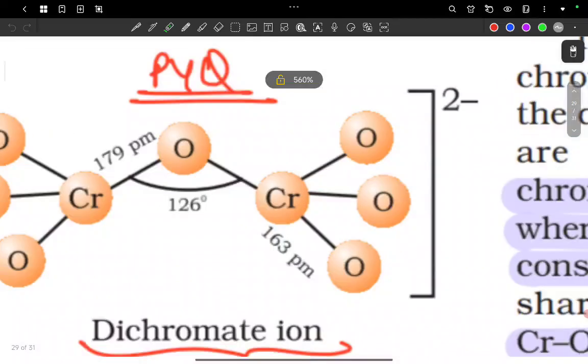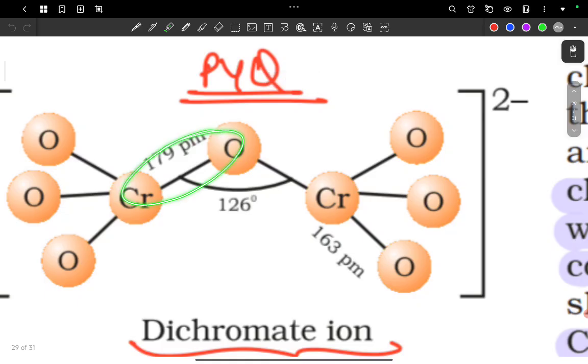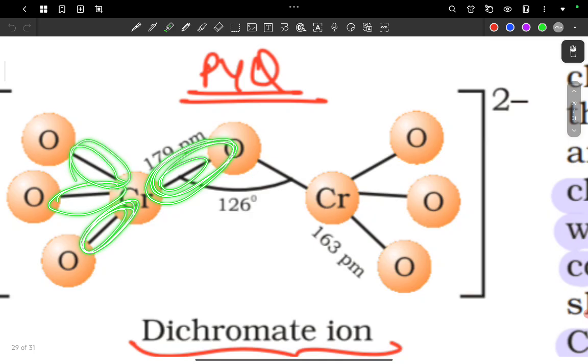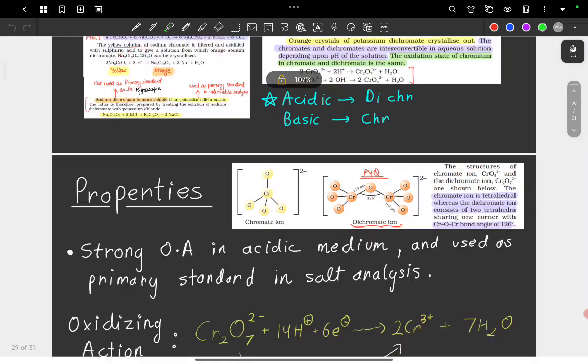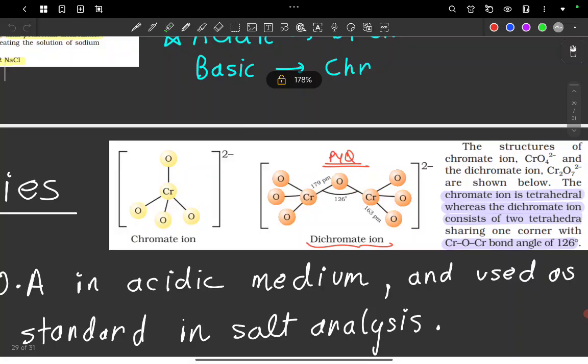And the answer is of course no. The middle ones are longer, which means that these are weaker bonds compared to the outer Cr-O bonds. And as a fact, just remember that this angle is 126 degrees. Here this is a perfect tetrahedral structure.